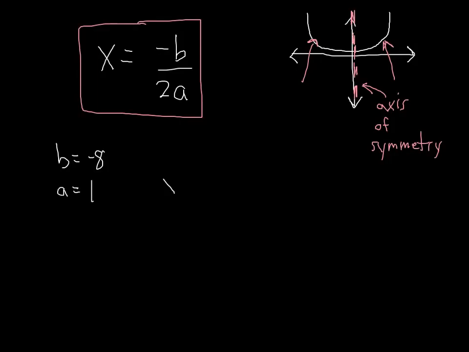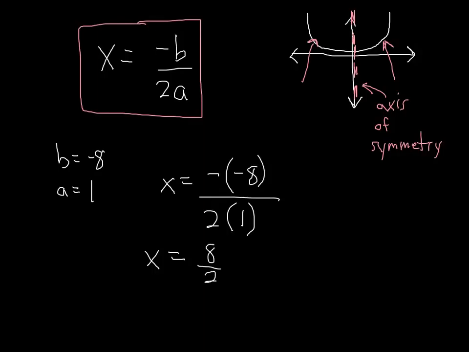So the axis of symmetry for this particular equation is going to be x equal to negative b, where b is equal to negative 8, all divided by 2 times a, where a is equal to 1. If I simplify this, negative times negative 8 gives me positive 8, divided by 2. So my axis of symmetry says x is equal to 4.